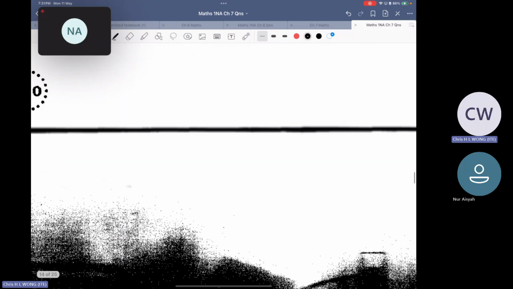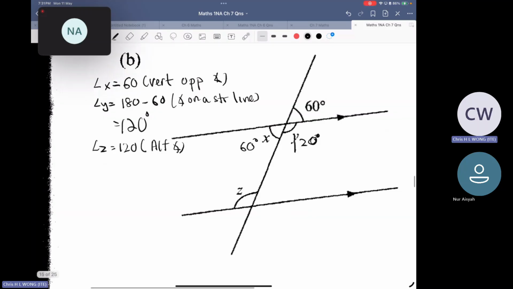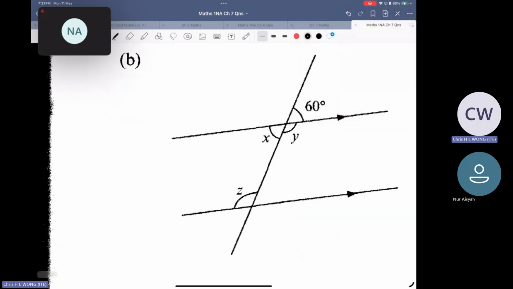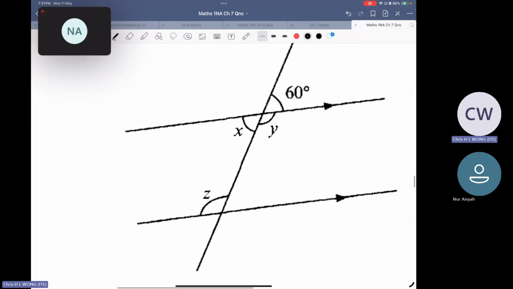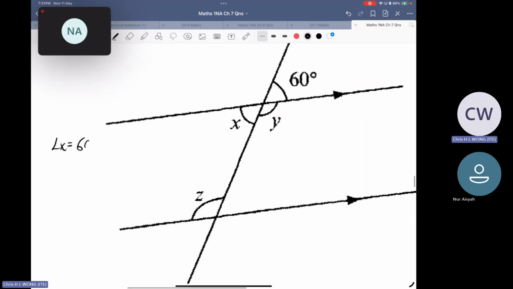Next. Same thing here. Good that you practice. Let's start with x. Angle x equals 60. Reason? Vertically opposite angle.